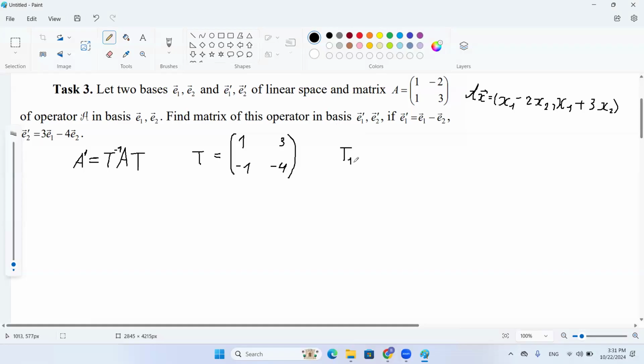First of all, find the cofactors. So T11 equals -4. T12 equals 1. T21 equals -3. And T22 equals 1.